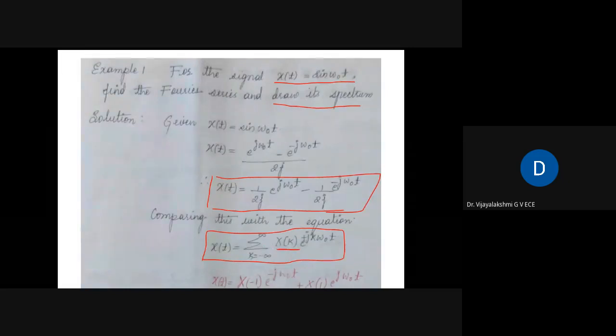This is the expansion you can see here, and the x of 0 term we don't have, that is equal to 0. Let me call the given expression 1, and the expansion for k from minus 1 to plus 1, expression 2. Comparing 1 and 2, we get x of 1 equal to 1 over 2j, and x of minus 1 equal to minus 1 over 2j.